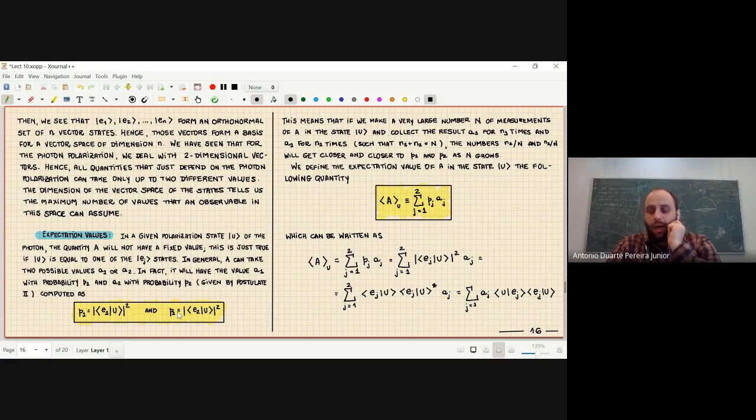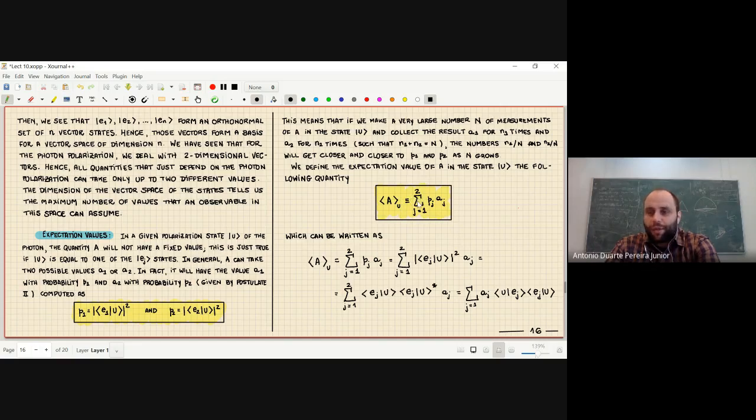But I can define a quantity which we call the expectation value of the observable A by the following expression. We define this as this bracket here, A. You read that as follows: this is the expectation value of A in the state U.